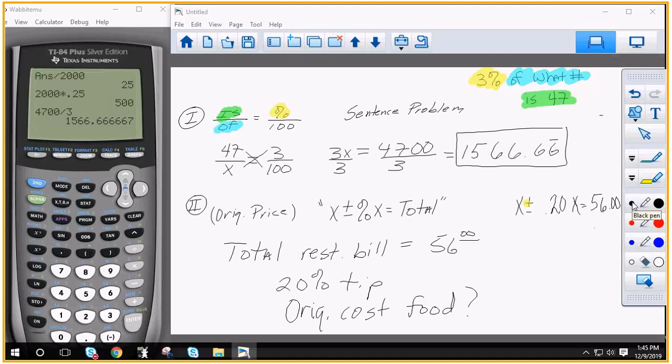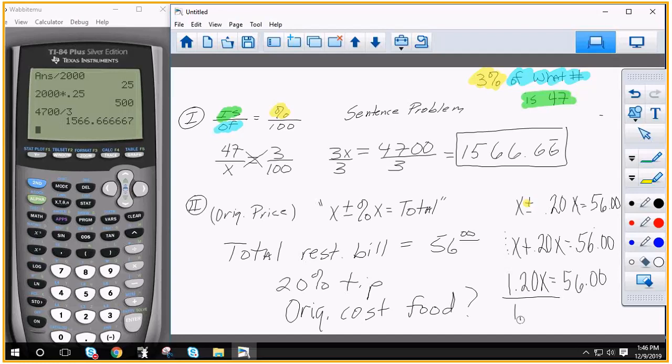Tips are added, taxes are added, discounts are minus. So I'm going to use the plus, and that's going to give me x plus 0.20x is equal to 56. And there is a 1 in front of that x, so don't forget that. 1.20x is equal to 56.